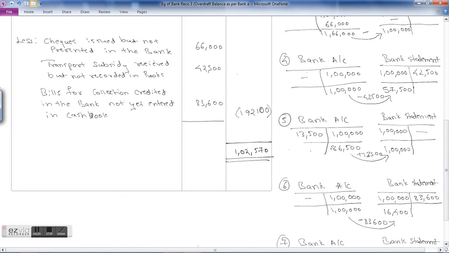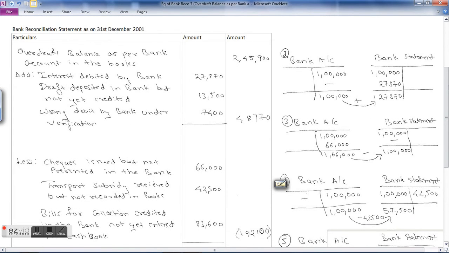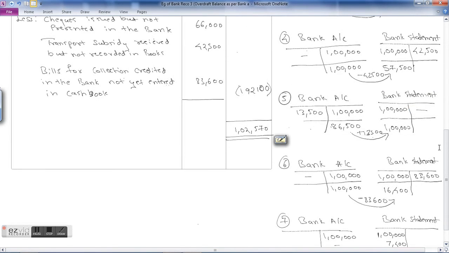Now we had started with the overdraft balance as per our bank account. So as per bank statement also, since the amount that we are getting is positive, it will be overdraft balance as per bank statement. Correct.